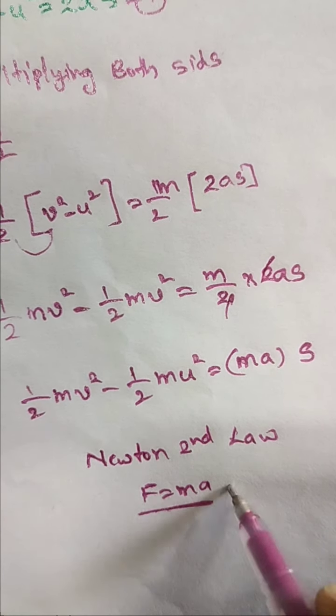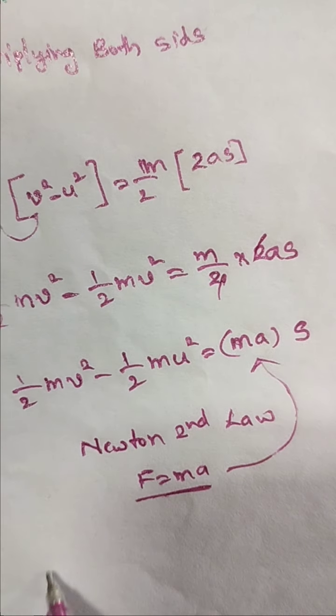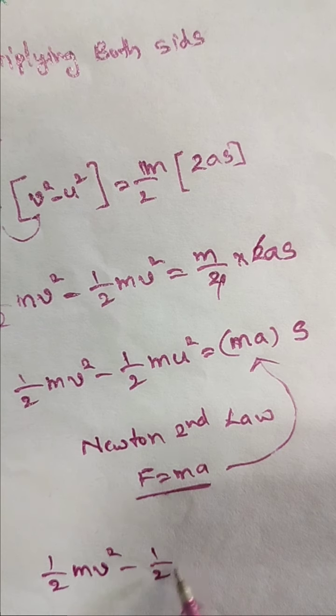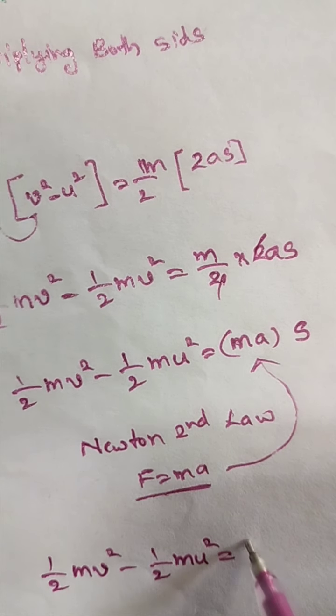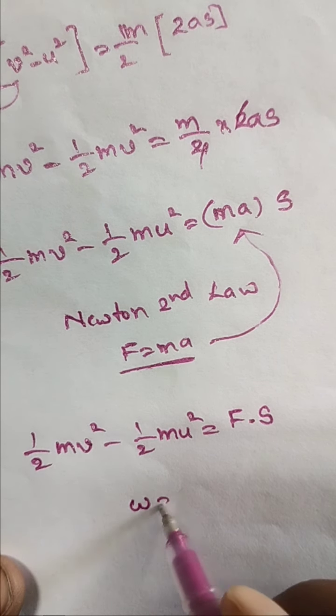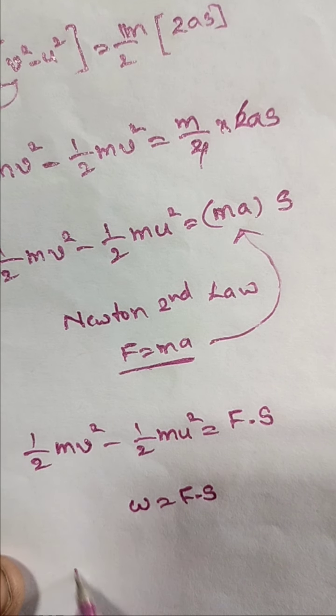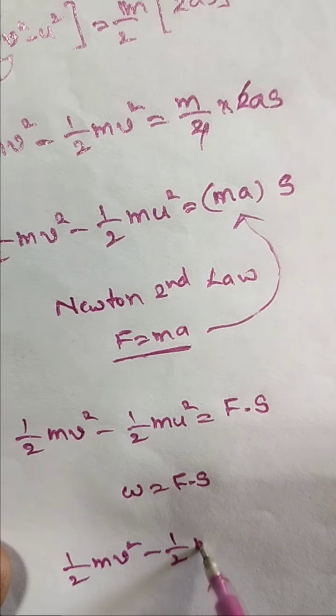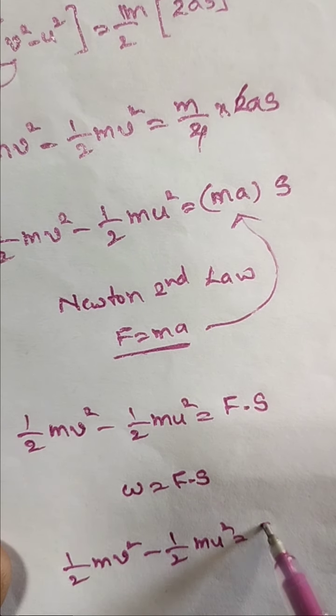Substituting in the above equation, 1 by 2 m v square minus 1 by 2 m u square is equal to F into s. What is the work done? W is equal to F into s. So 1 by 2 m v square minus 1 by 2 m u square is equal to W.